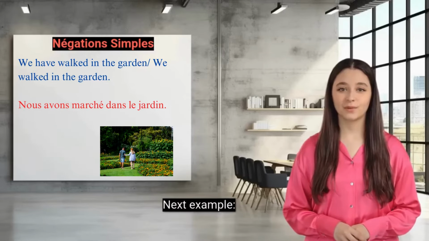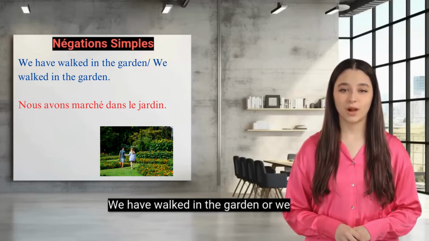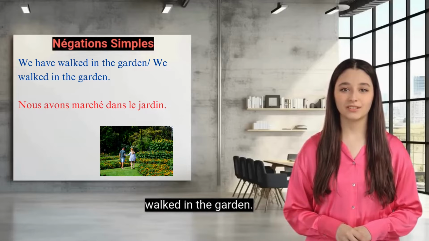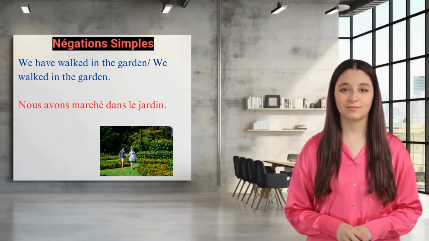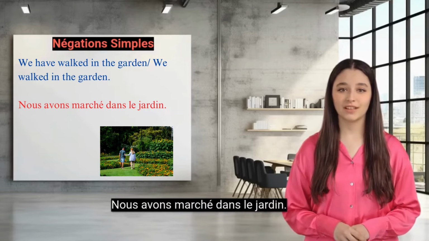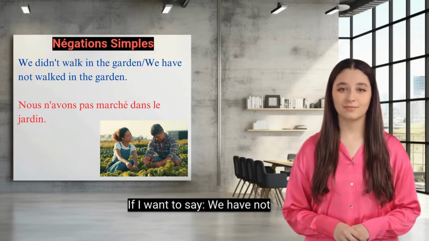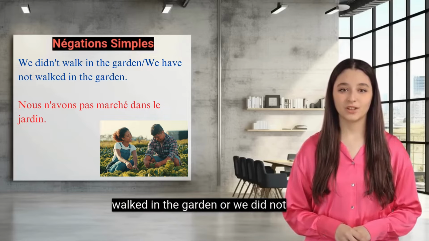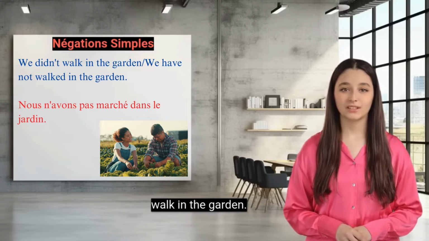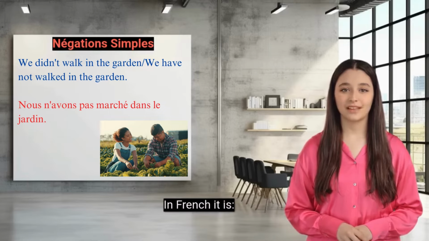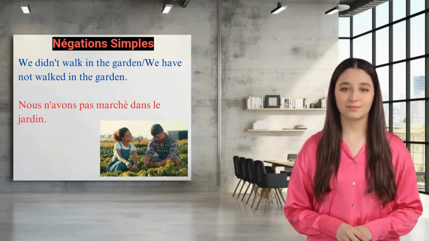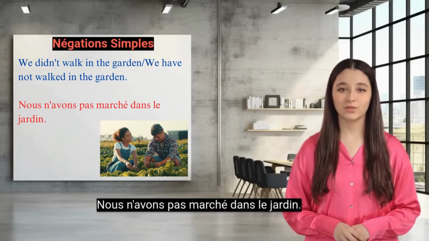Next example. We have walked in the garden, or we walked in the garden. In French, nous avons marché dans le jardin. If I want to say, we have not walked in the garden, or we did not walk in the garden, in French it is, nous n'avons pas marché dans le jardin.